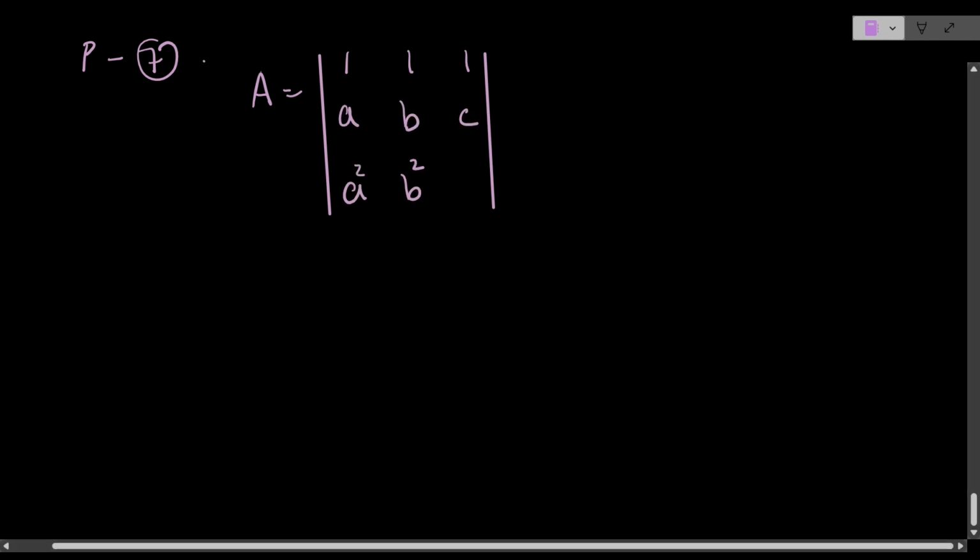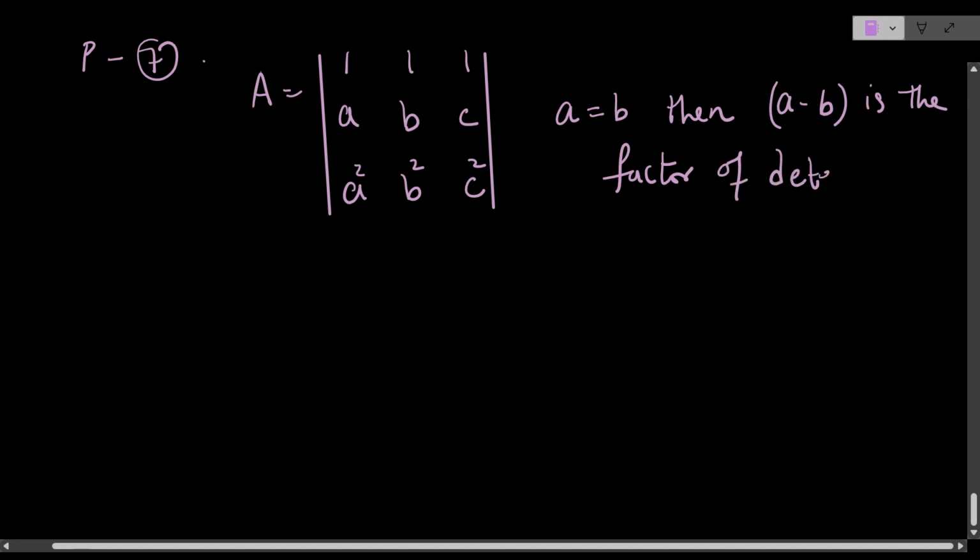Now suppose we take A is equal to B. If A is equal to B, then A minus B is a factor of the determinant.